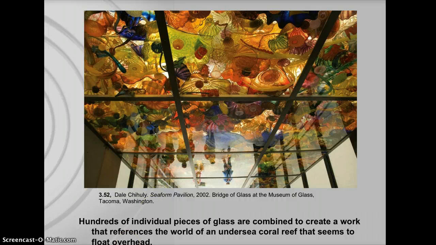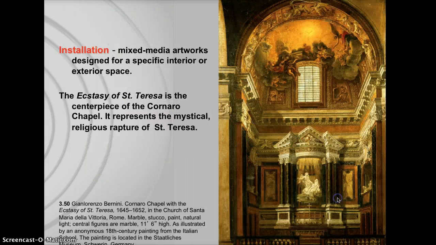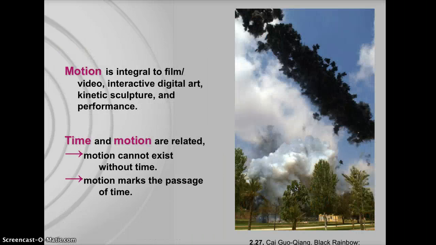In this case, we are looking at just one type of artwork, the glass that Chihuly is famous for. But here we have the Ecstasy of St. Teresa in the Cornaro Chapel in Italy. And this is combining painting with sculpture in this architectural framework. This is a beautiful piece. If you ever get to Italy, you should make time to see this. It is a religious experience unto itself.